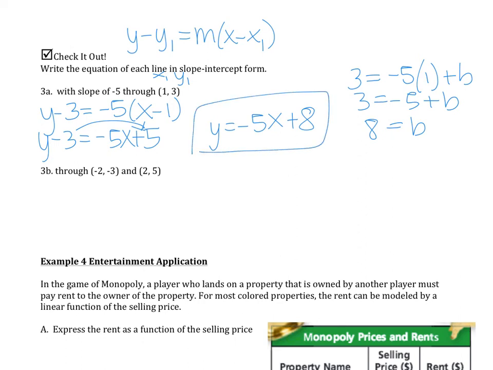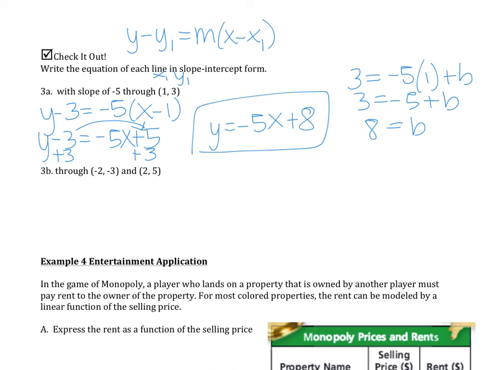If you use point-slope form, you substitute in the 3 for the y sub 1, negative 5 for m, and 1 for x sub 1. Distribute, and then you have to make sure you add 3 to both sides, and you end up with y equals negative 5x plus 8.